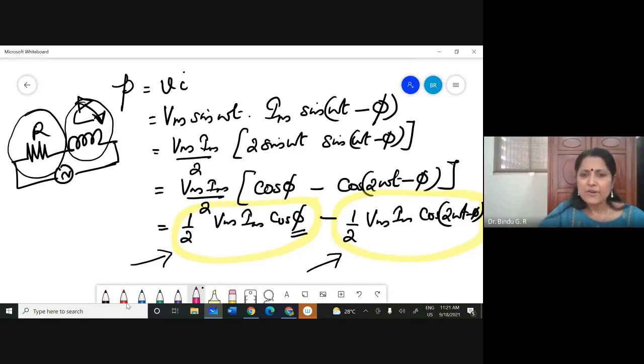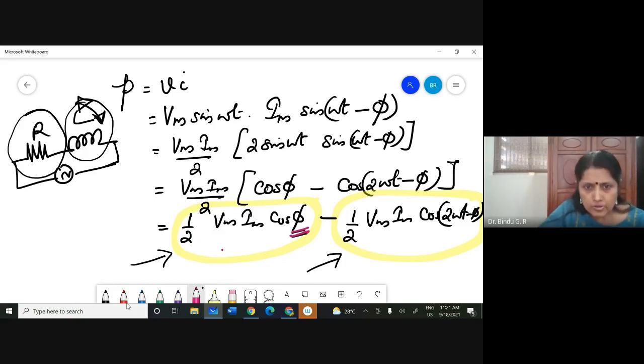Very good. Phi is a constant value because phi is the angle by which the voltage and current differ. That angle is determined by Z. That is why I said from Z you get tan inverse of XL by R as phi, which means cos phi is a constant.